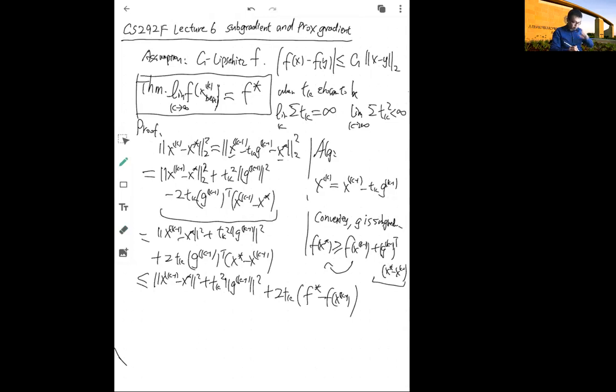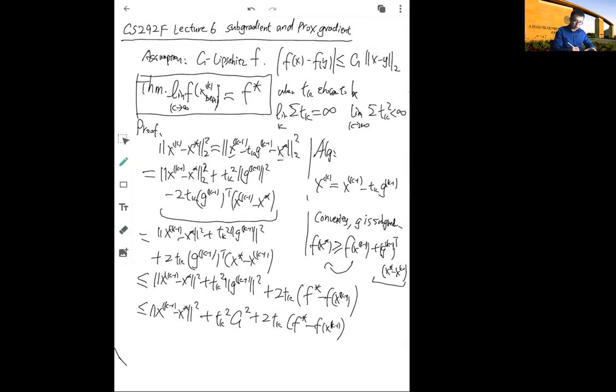All right, so it remains for us to apply the G-Lipschitz condition. Since we have the G-Lipschitz condition, we know that all the subgradients satisfy that the subgradient has a 2-norm smaller than G. So we can further bound this with t_k squared G squared plus 2 t_k (f star minus f(x_{k-1})).